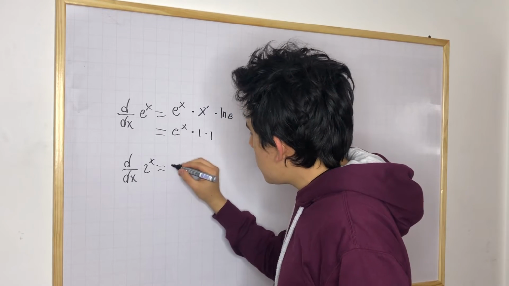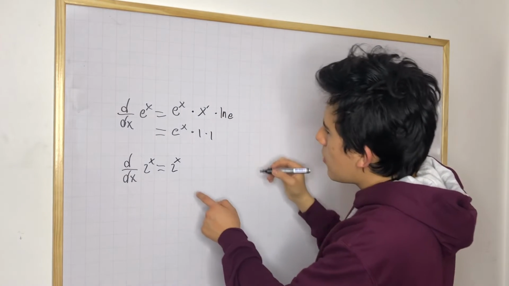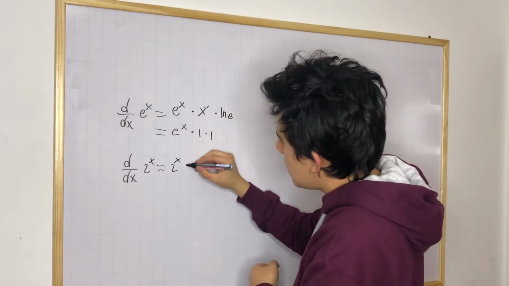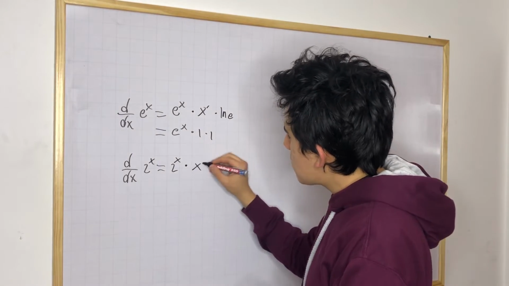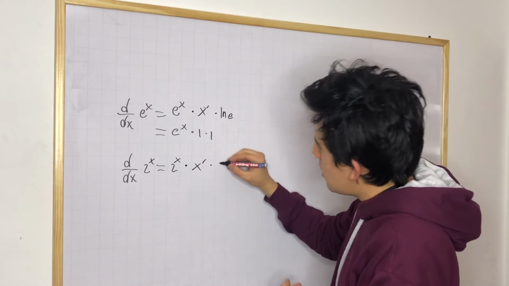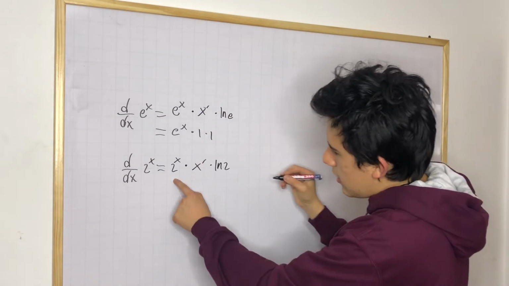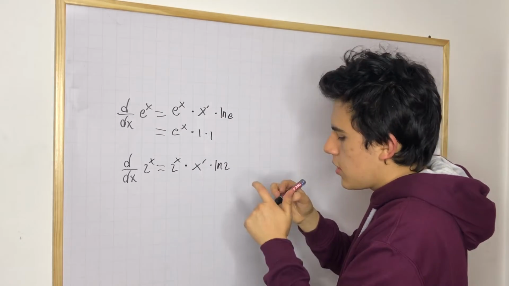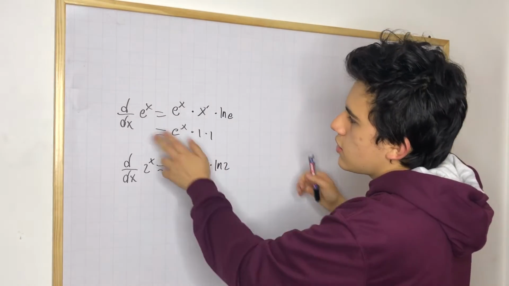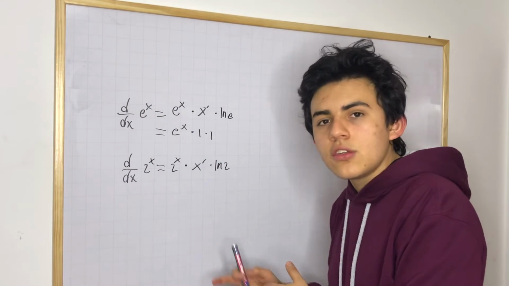So you do the same. You have 2 to the x power, so you just have the same thing, times the derivative of the exponent, so x prime, times the natural logarithm of the base. So you have natural log of 2. In this case, natural log of e was just simply 1. So that is why you can just say the derivative of e to the x is e to the x.